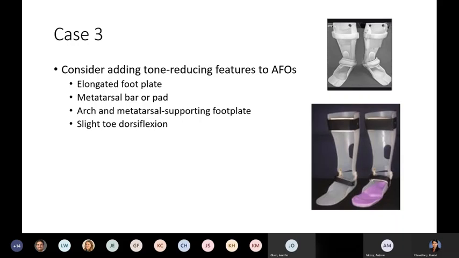All of those measures can provide an amount of feedback at that distal portion of the feedback loops that lead to tone, and by giving pressure in these specific areas, you can reduce tone to some degree. So that would be an additional option to consider for this patient.